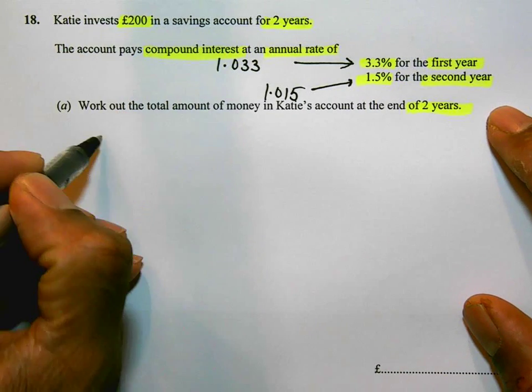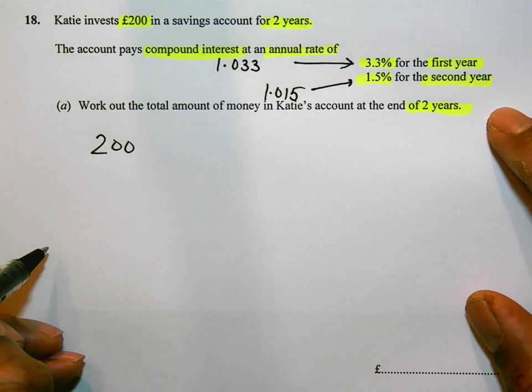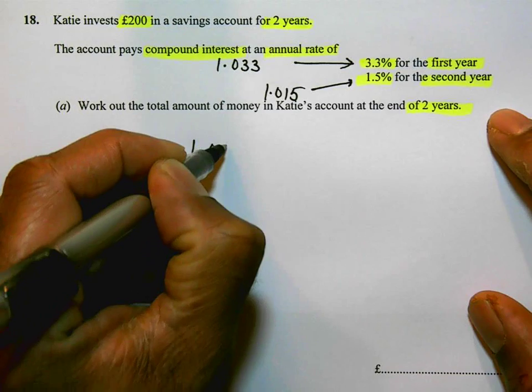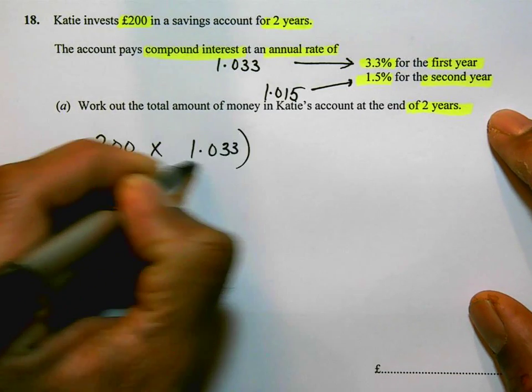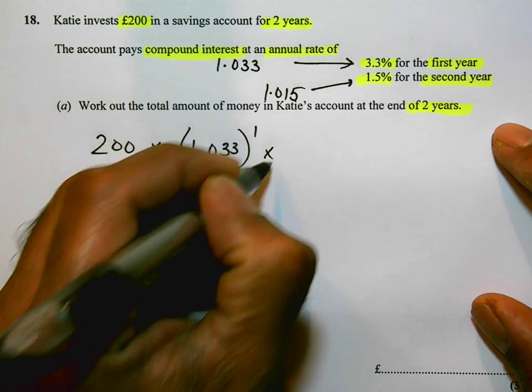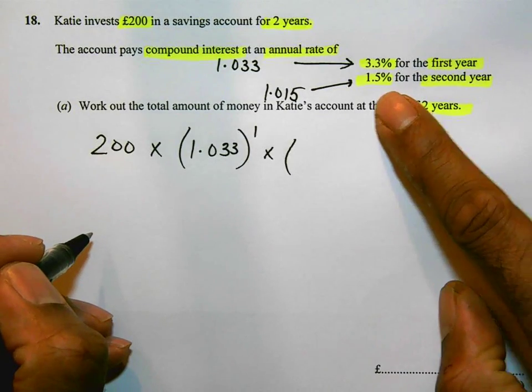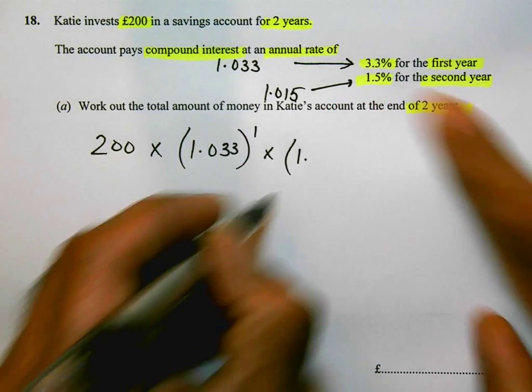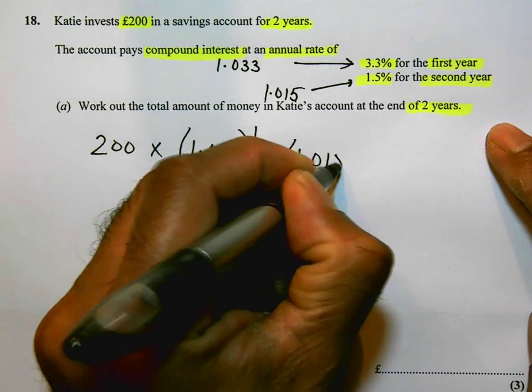So we have 200 times my first multiplier for the first year, 1.033, and it's just 1 year. So I'm going to put that to the power of 1 times, and because it's 2 years altogether, the 1.5%, which multiplier is going to be 1.015, that's for another 1 year.